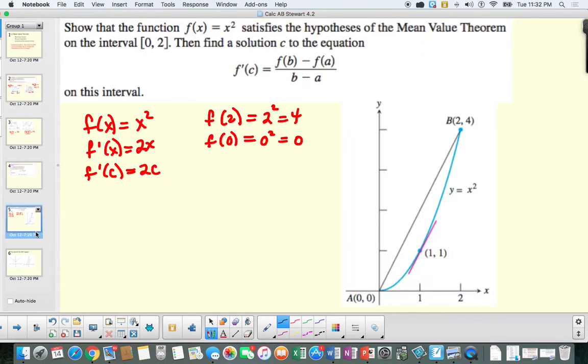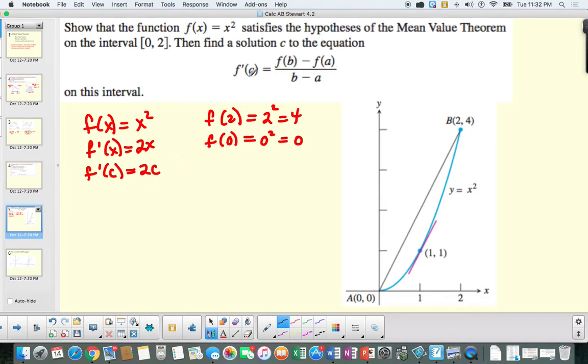Okay, let's go ahead and do a problem. I kind of started it out and then we're going to finish. So I know in the mean value theorem I really do need to know the derivative. So I took the function, found its derivative, and evaluated at c. I also needed to find f(b) and f(a), which are the y-coordinates at the endpoints. I put 2 in and I put 0 in. So now I'm ready to use the mean value theorem.